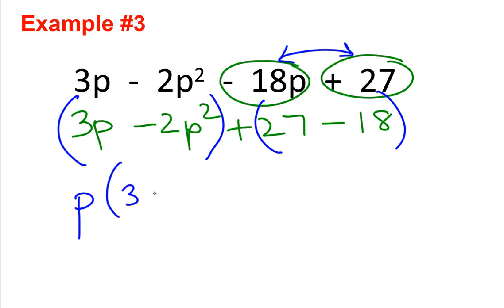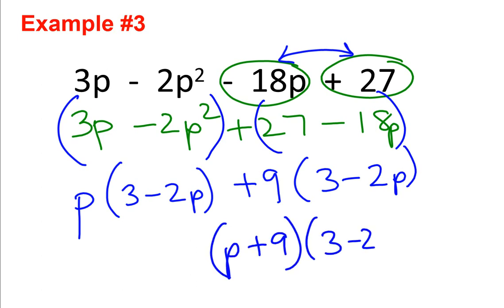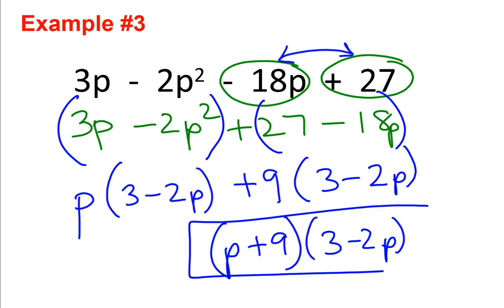I'm going to get a 3 minus 2p. And this time I'm going to pull out a positive 9. And I'm going to get a 3. Oh, I forgot my p here. 3 minus 2p. Now I have those matching terms, and now I have a perfect factorization.